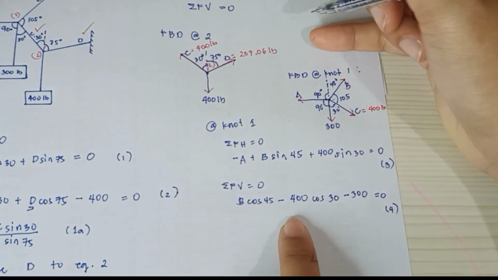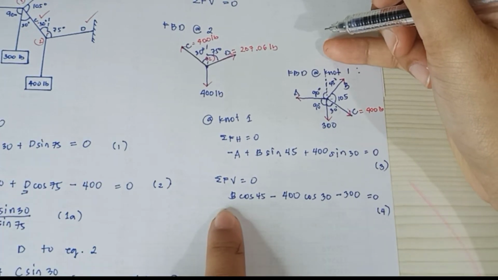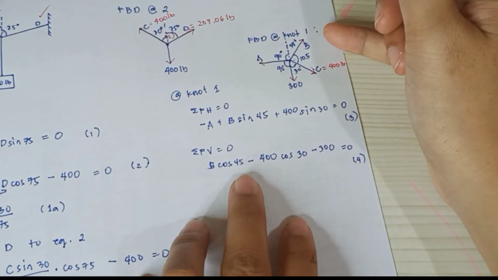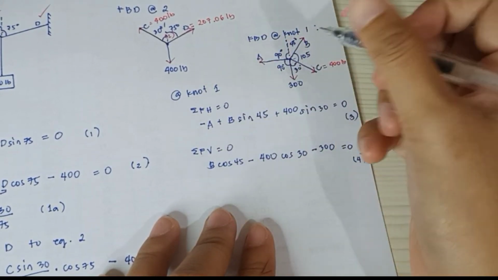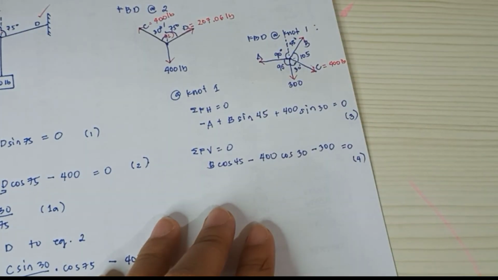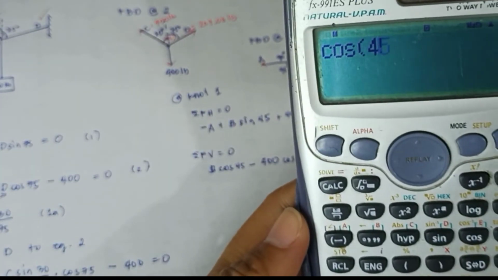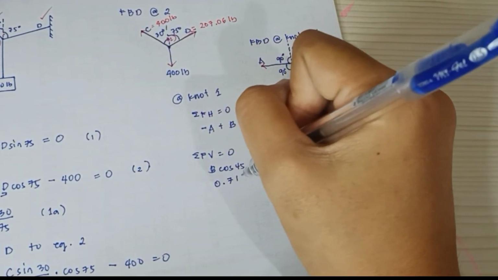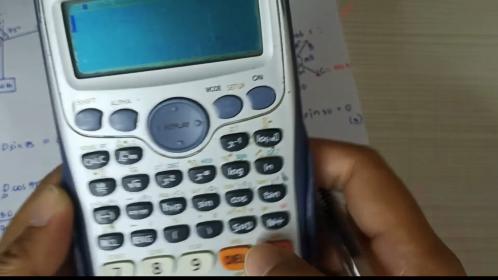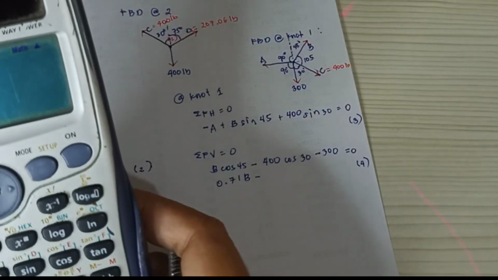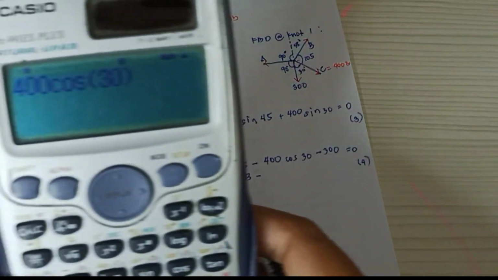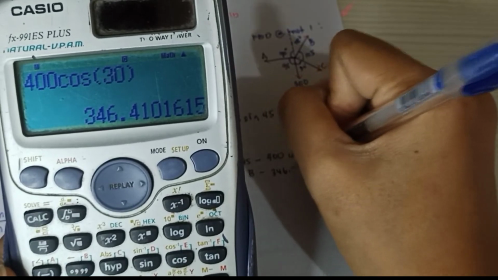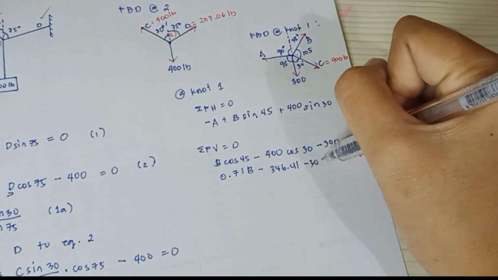So, from this equation, meron tayong iisang variable lang, which is B. So, we can solve right away kung ano ang value ng B. Okay, so, let's simplify first. Yung cosine 45 is equal to 0.71. 0.71 B minus 400 cosine 30, that is 346.41 minus 300.